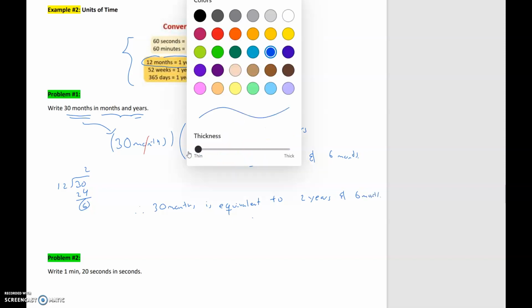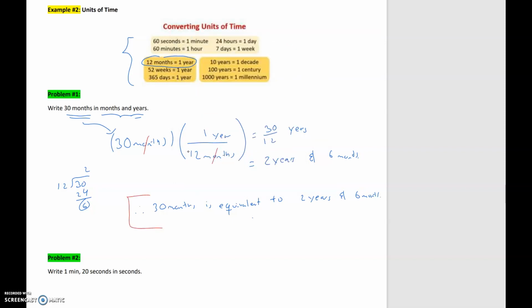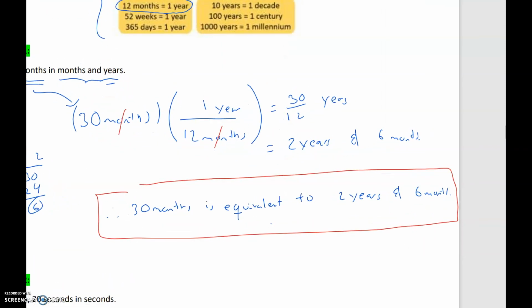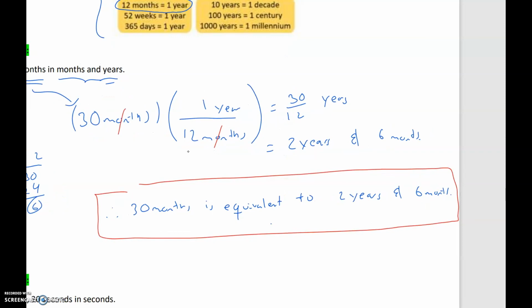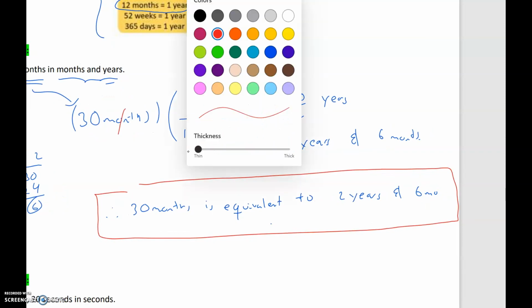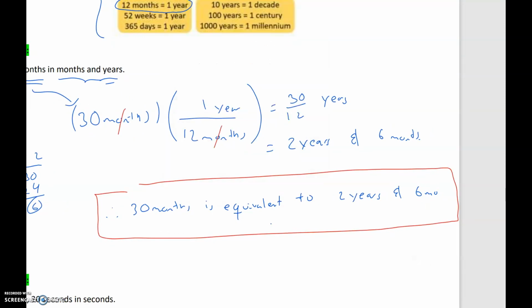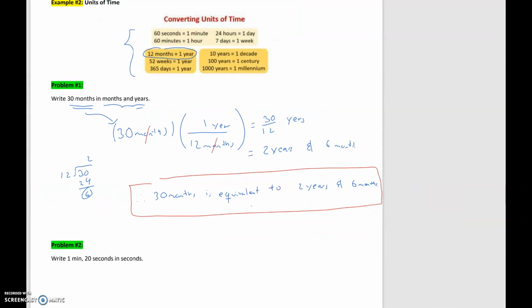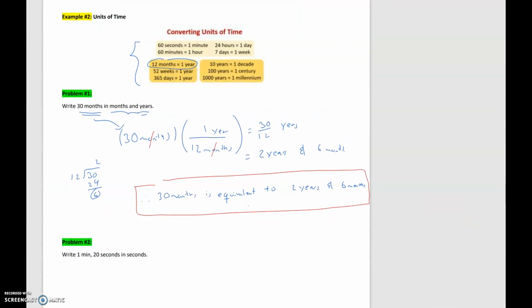And that's actually it for this problem. Let me just fix that S. Okay, so that's actually it for example 1.